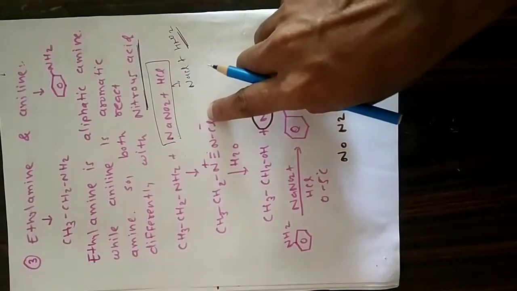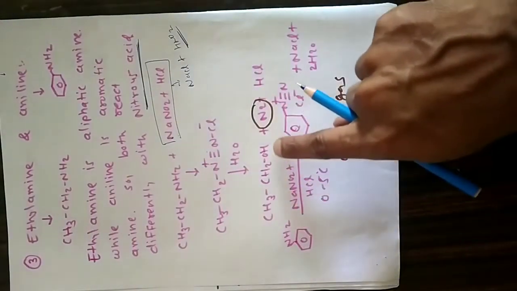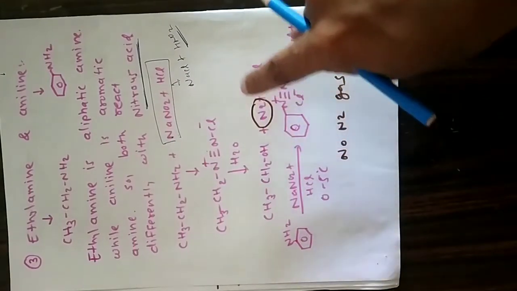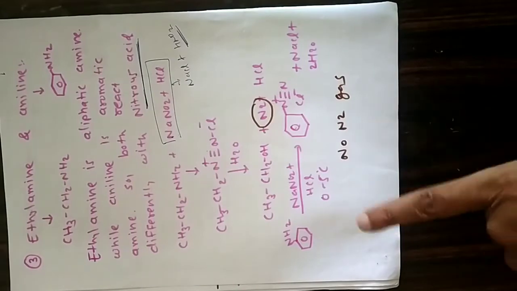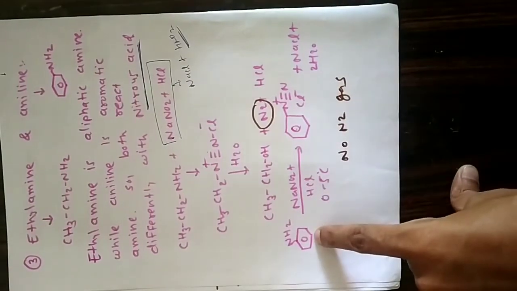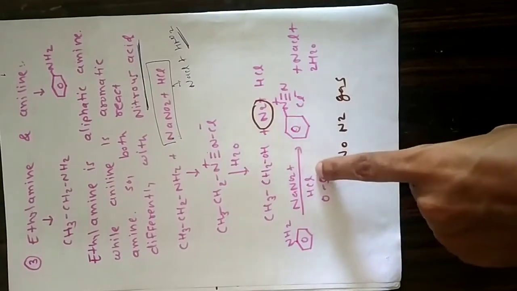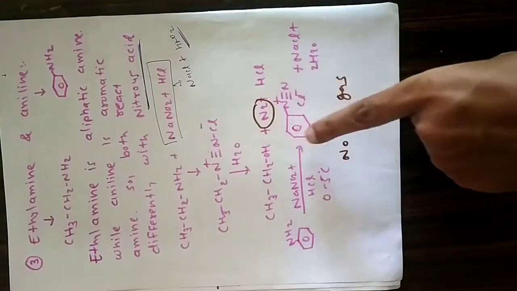Now this diazonium salt, when we dissolve it in H2O, gives us alcohol plus nitrogen gas plus HCl. But when aromatic amine reacts with nitrous acid at 0 to 5 degrees Celsius, it gives us the same diazonium salt.